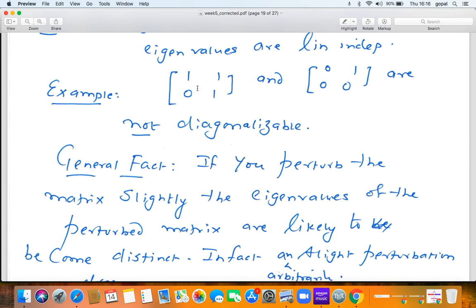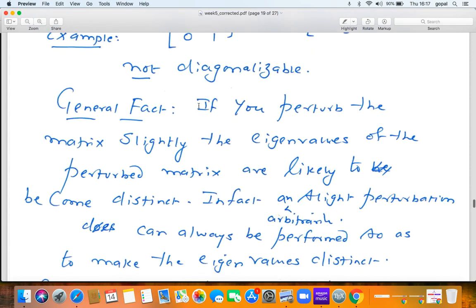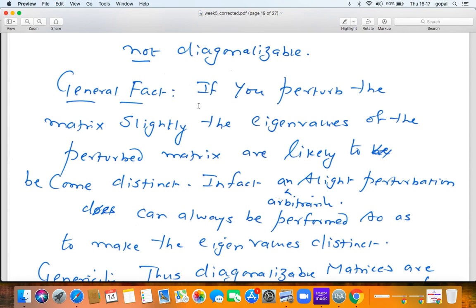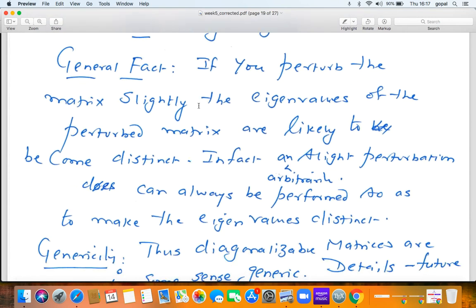But what about the matrix 1, 1, 0, 1 plus epsilon? For the perturbed matrix, the eigenvalues are 1 and 1 plus epsilon. They're distinct because epsilon is non-zero, and so it's diagonalizable. So by perturbing a matrix ever so slightly, I can make the eigenvalues distinct, and so I can make it diagonalizable.